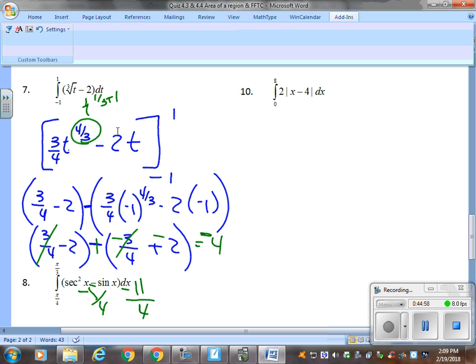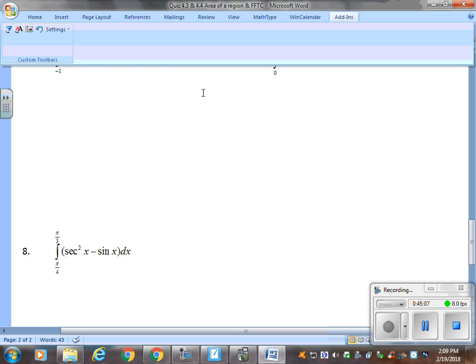You probably just did it in a different way in terms of putting the numbers together, which is fine. All right, let's look at number 8. Yeah, the negatives are always the downfall. All right, whose derivative is secant squared?